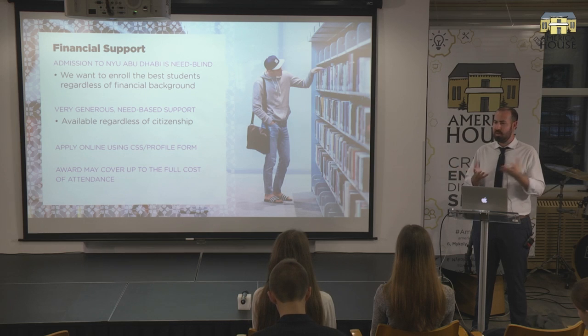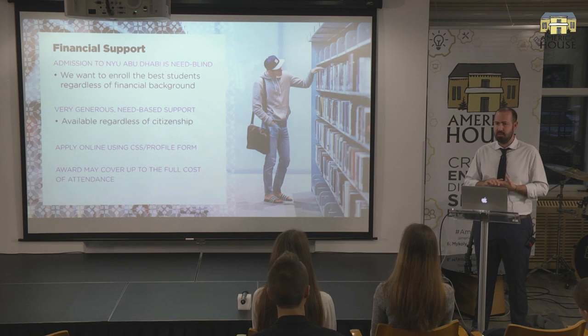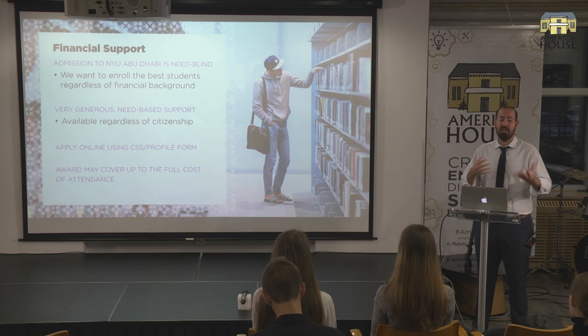So it's not based on your accomplishments, but on what your family's financial need is. So some universities give a mix of these awards, but it will depend on the university itself. For the Abu Dhabi campus, it's mainly need-based and really designed to make sure that if you're admitted, you don't have to take on any kind of debt to finance your education.